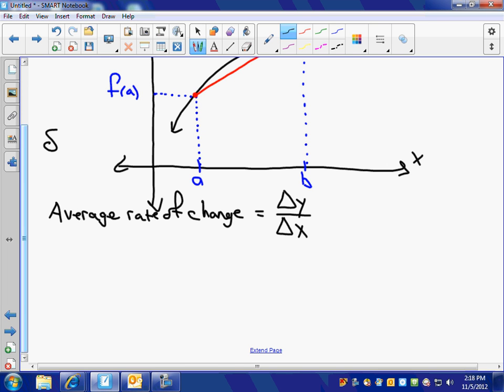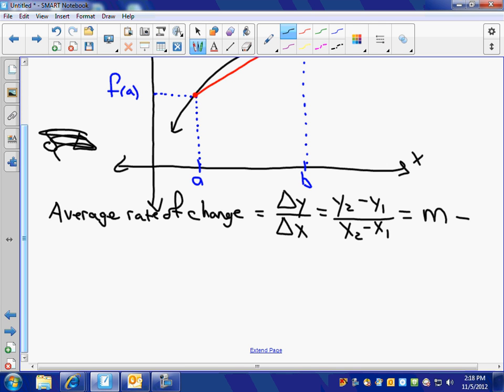Small delta looks like this. Capital delta looks like that. Okay, don't need to memorize those. But change in y over change in x. What does that look like? Well, you guys are used to seeing it like this. y sub 2 minus y sub 1 over x sub 2 minus x sub 1. Which you've always said is the same thing as your slope.